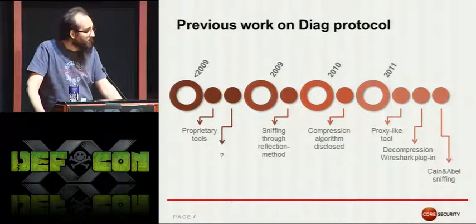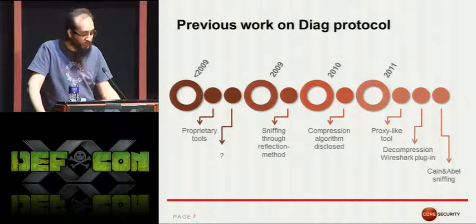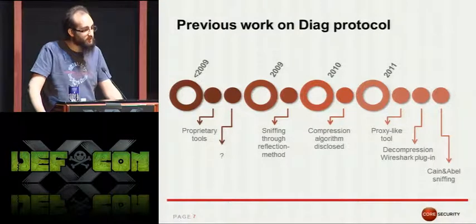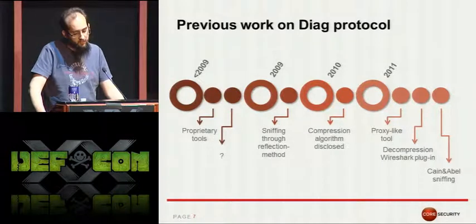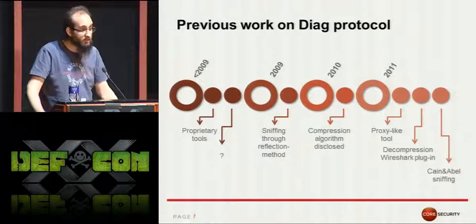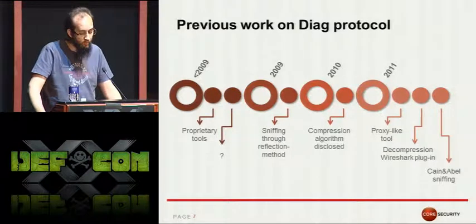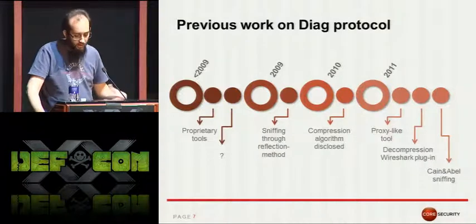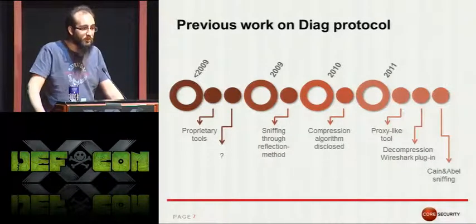So the implementation of the compression algorithm is available, and he wrote a small tool to decompress the traffic, and it helps a lot trying to understand how the protocol works.